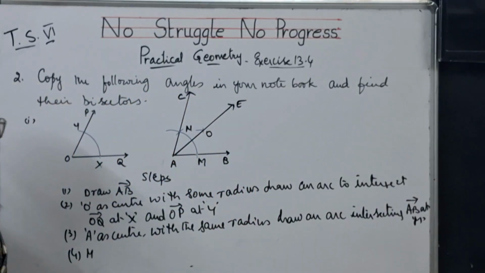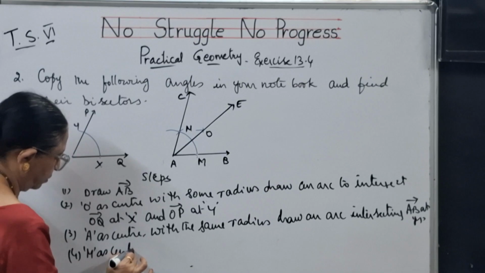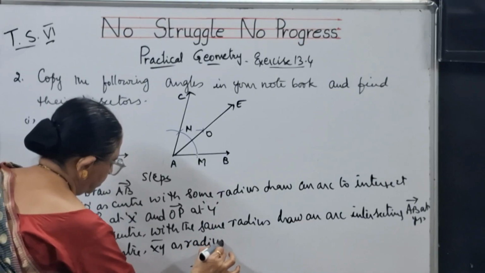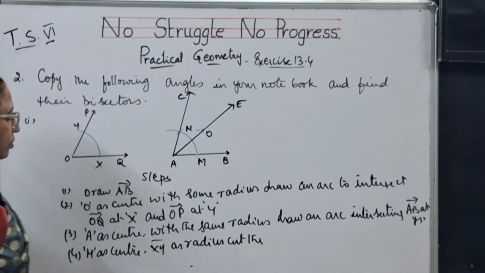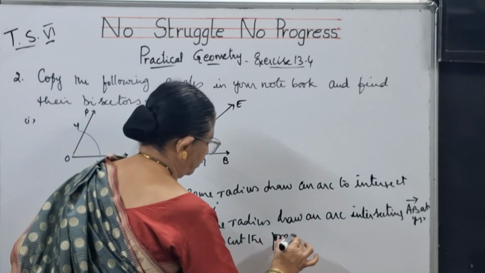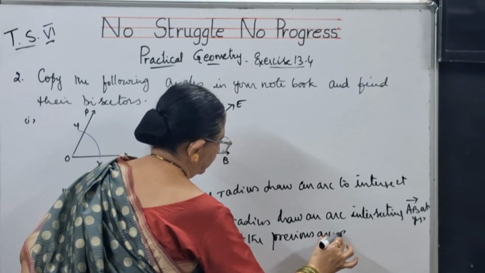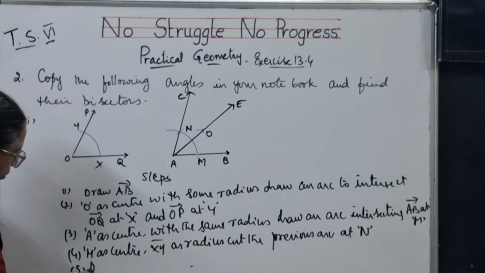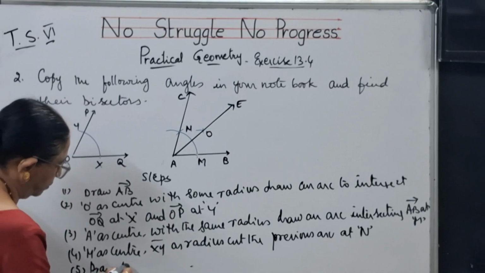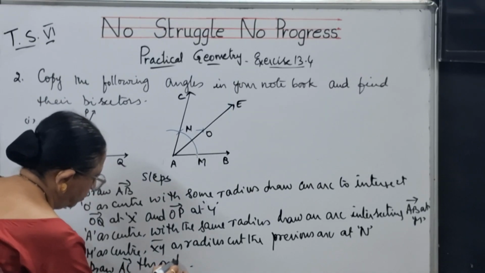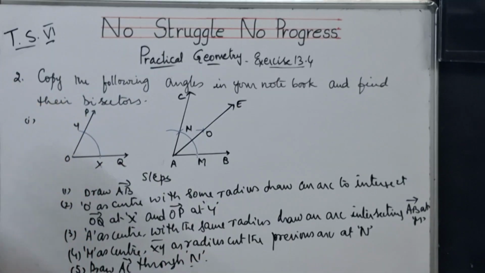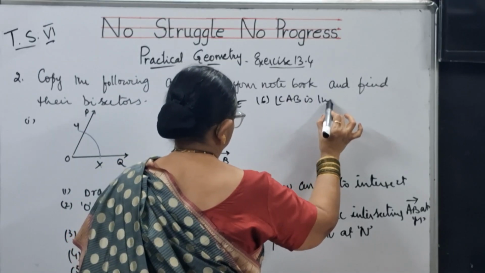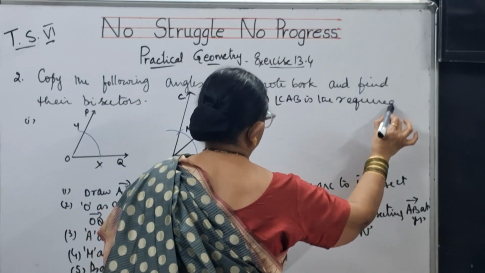Next, M as center, XY as radius, cut the previous arc at N. Now, fifth point, draw AC ray through N. Sixth, angle CAB is the required angle.